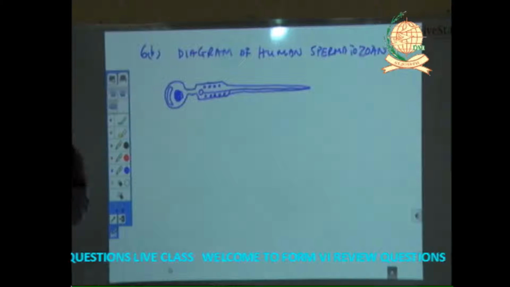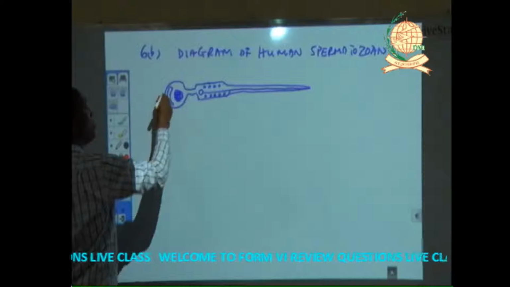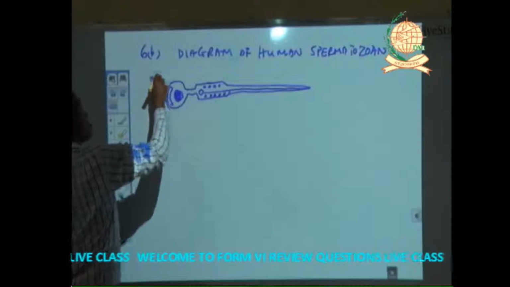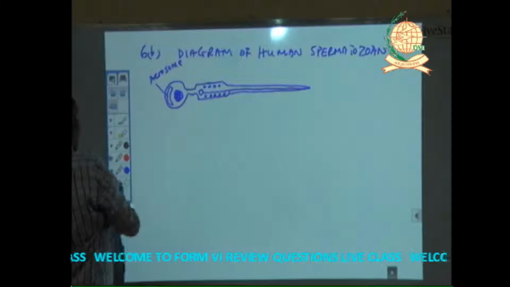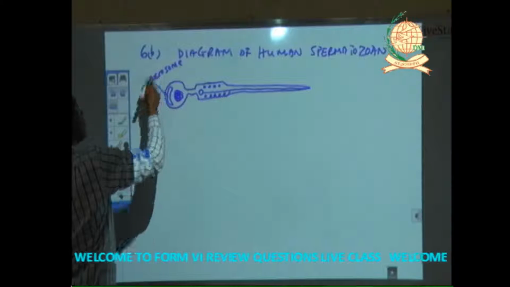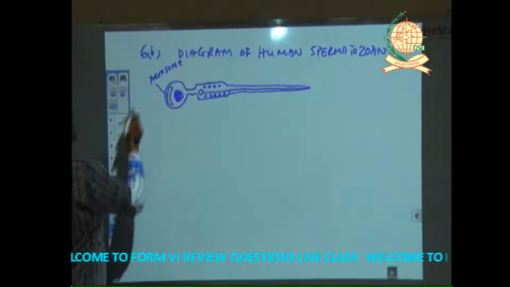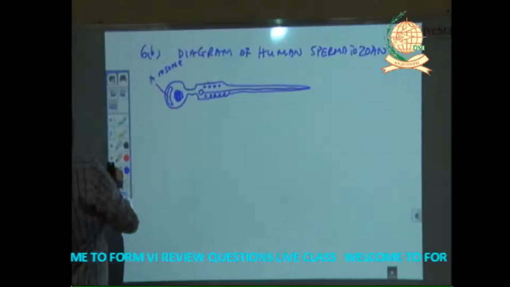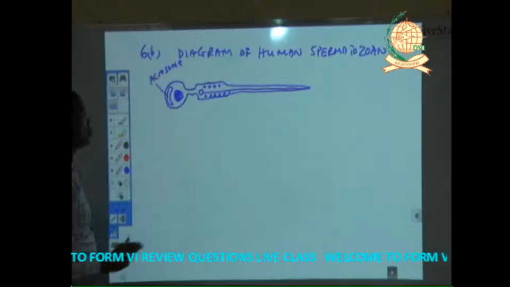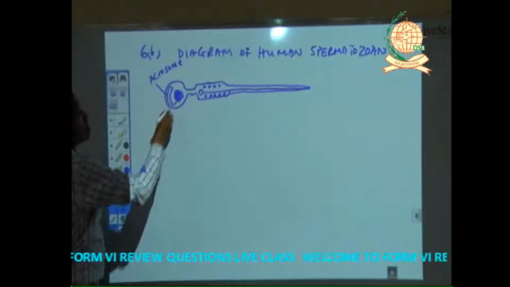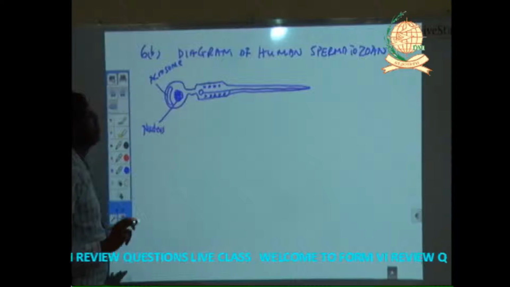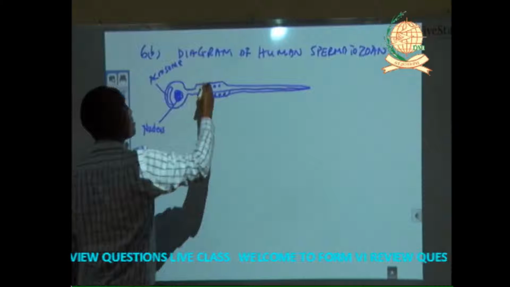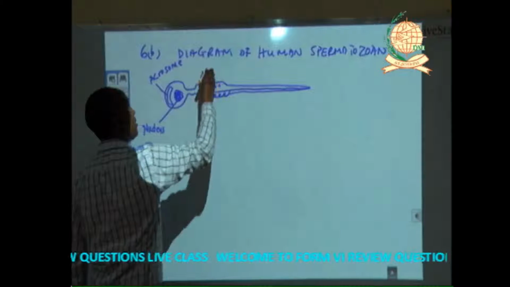This one is the acrosome. And this one is the nucleus. This is the mitochondria.